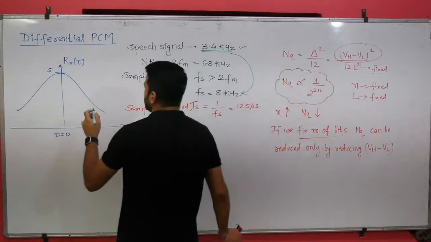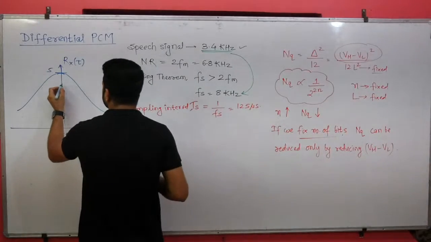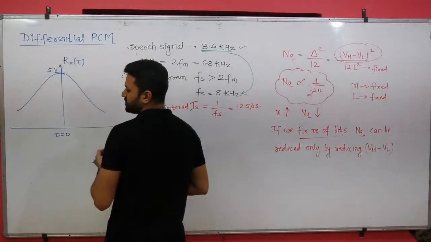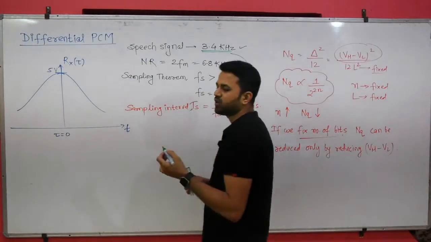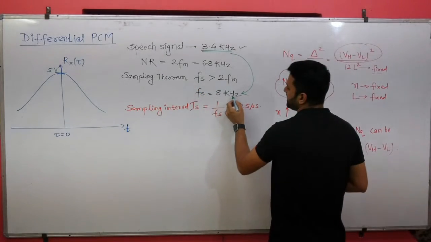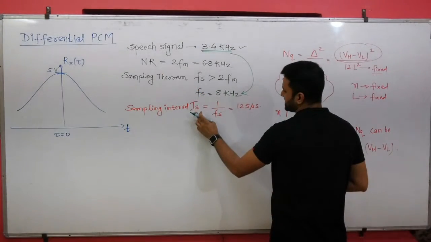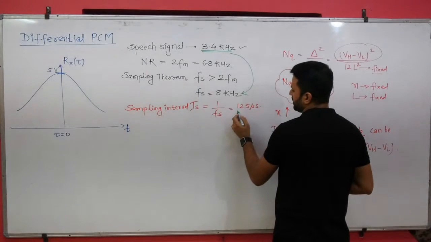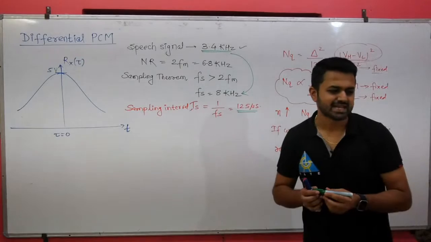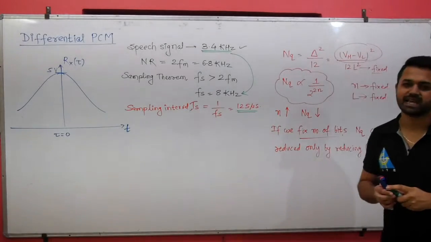Now I am saying that at tau equal to 0 the value is 5 volts, suppose. According to the sampling theorem, the samples are taken at 8 kilohertz, or you can say at an interval of 125 microseconds. So when will I select the next sample?